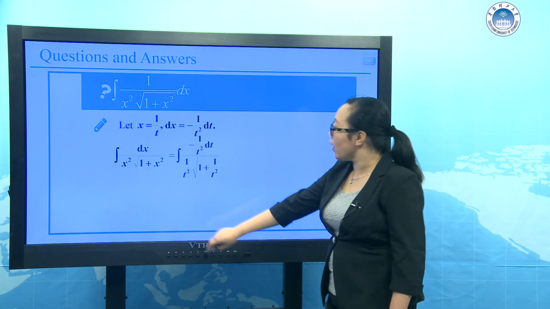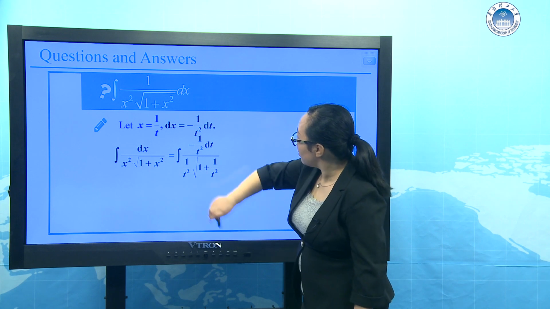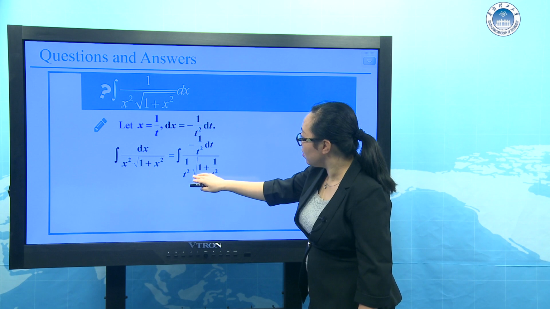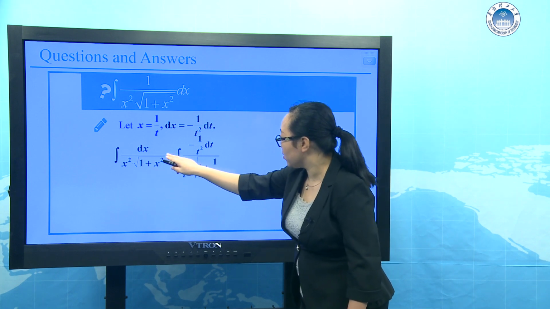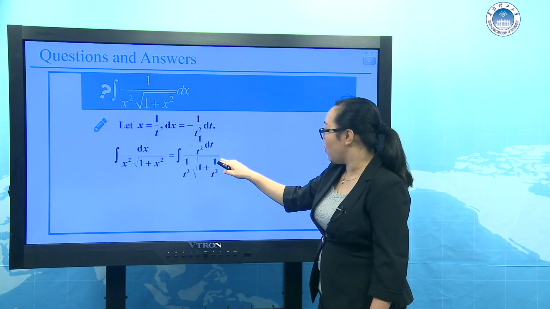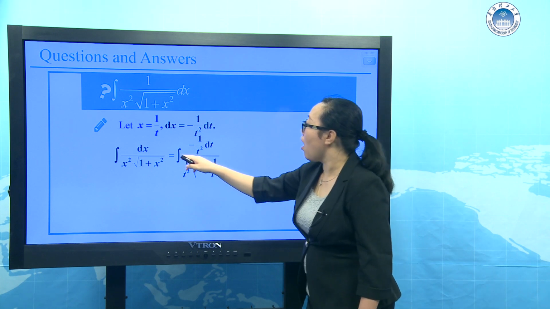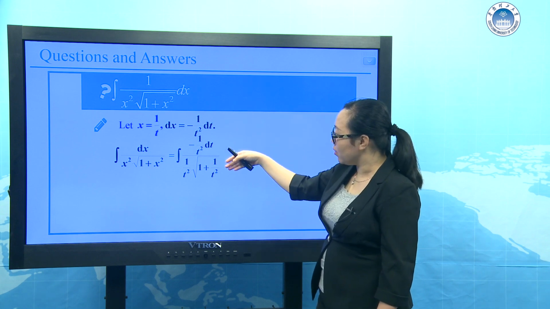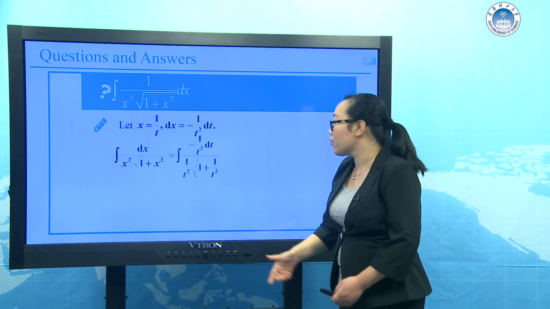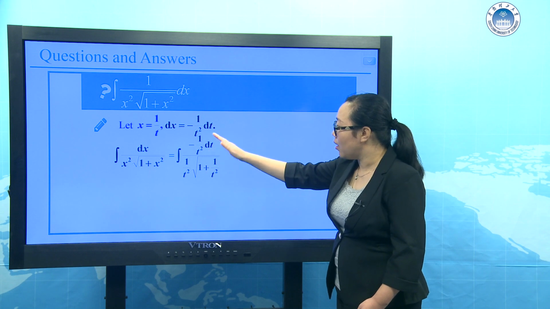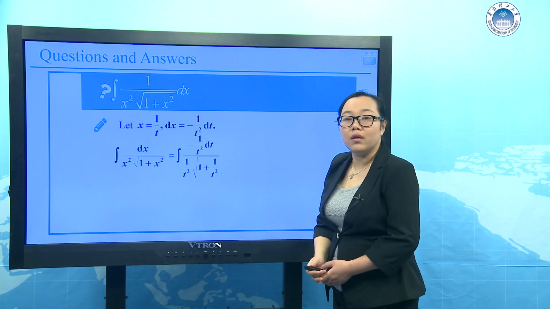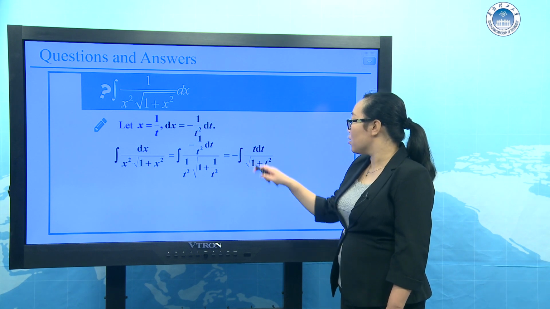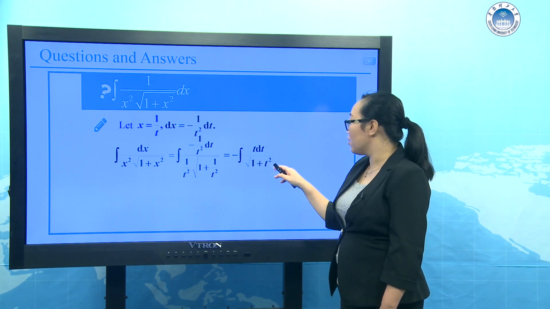Go on, look at x squared. Where? Yes, this term: x squared equals 1 over t squared, times the square root of 1 plus 1 over t squared. How about dx? Substitute it into this expression. Look at it: they have the same common factor, which cancels, so we get this form: minus t dt over the square root of 1 plus t squared.